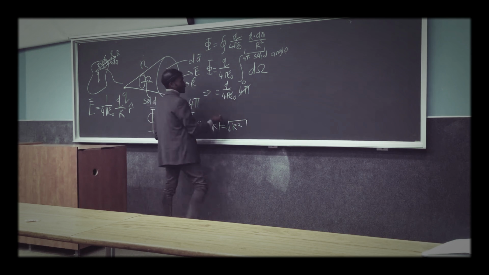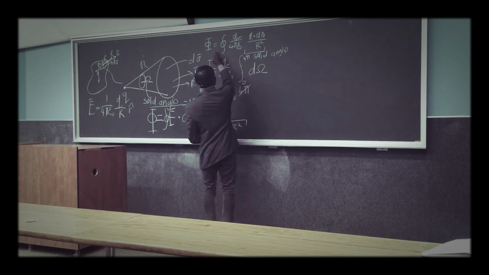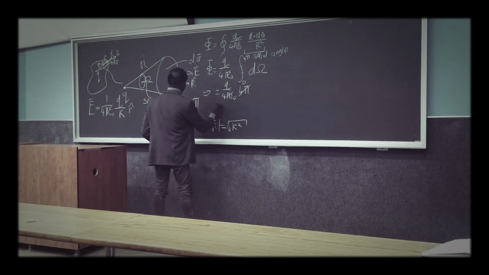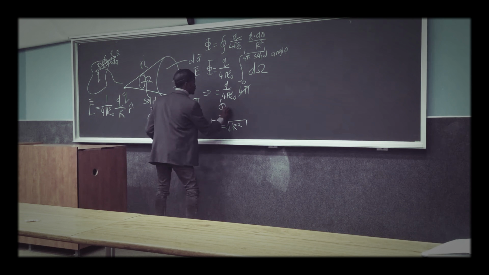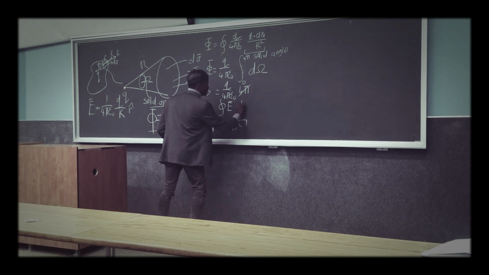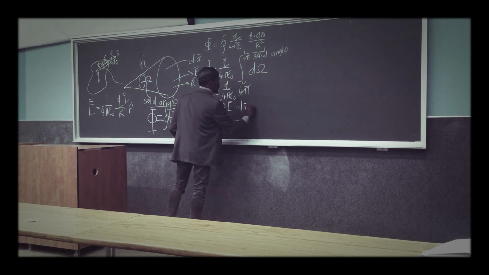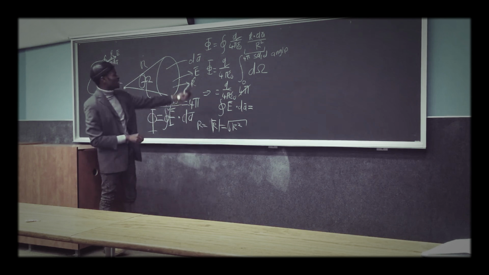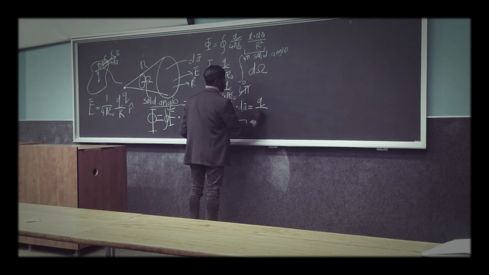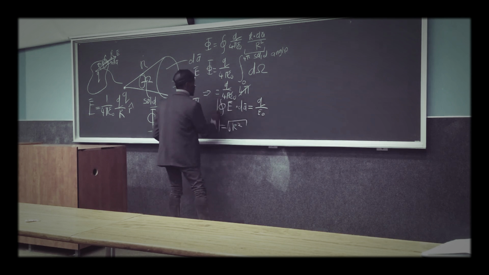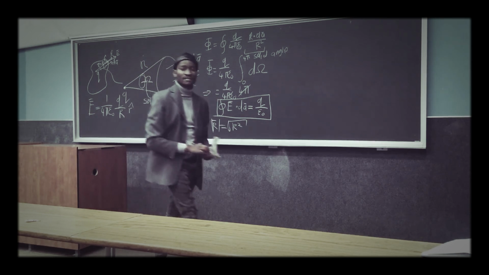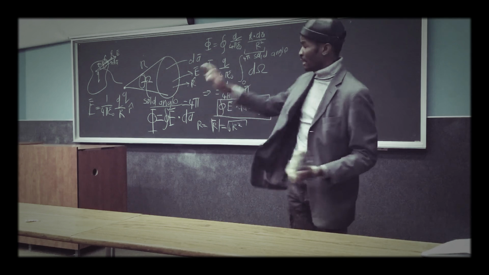Therefore, we end up having the following result, that the closed surface integral of E dot dA is actually equal to Q over the permeability of free space, the charge over the permeability of free space. This right here is Gauss's law in free space, and that's how you derive it in integral form.